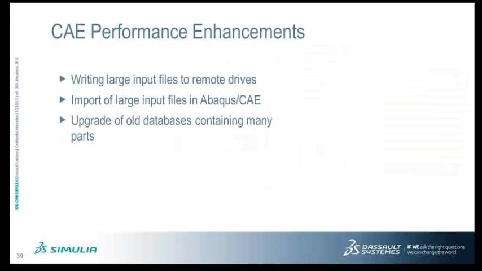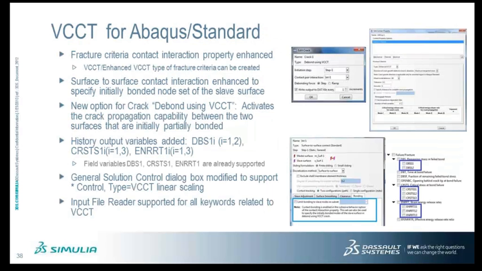We now support the debond option for crack analysis, and this option activates the propagation of crack between two surfaces that are initially partially bonded. We've added a few history output variables to request data from your analysis, in addition to the field variables that were already available prior to 613. We've provided also solution control through linear scaling.